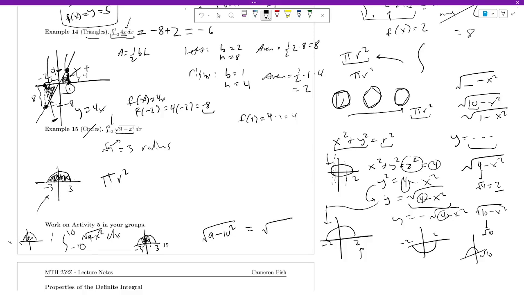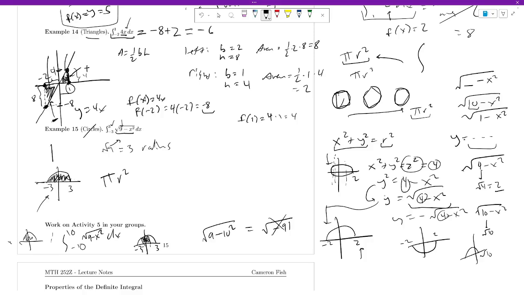Well, it's the square root of 9 minus 100, so -91 or something. That's the square root of a negative number, so that's bad. So it's out of bounds. On these circle problems, you're only going to see the bounds be the square root of this number, actually the edge of the radius.